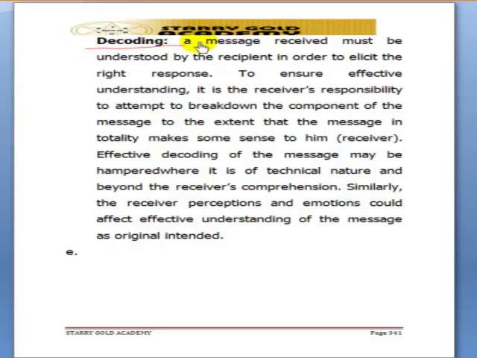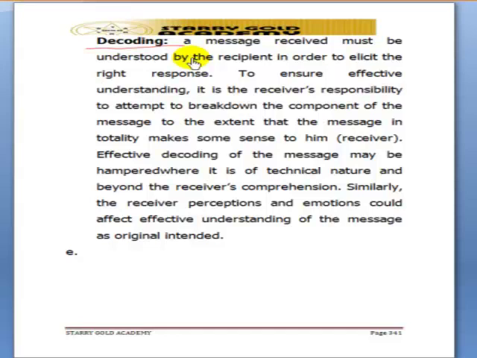Decoding of the message. Of course, decoding is a job for the receiver, while encoding is a job for the giver of the message.